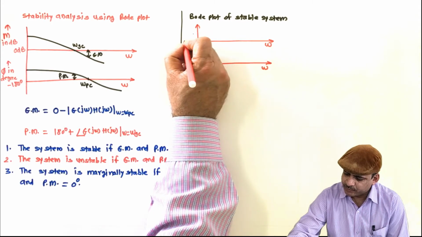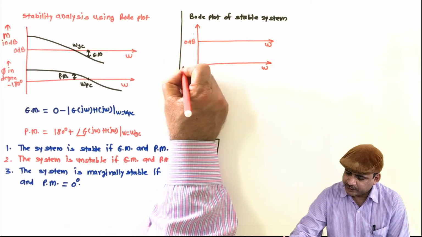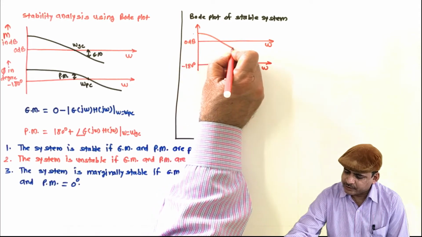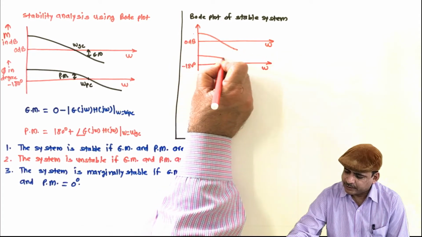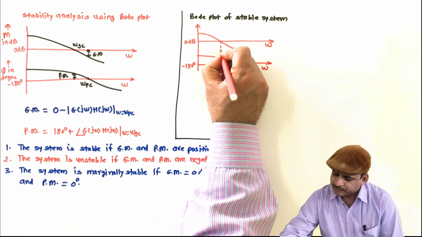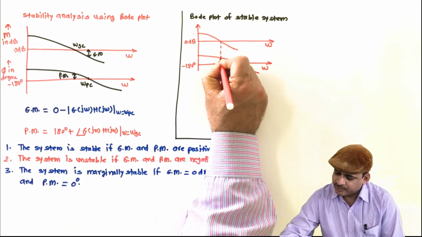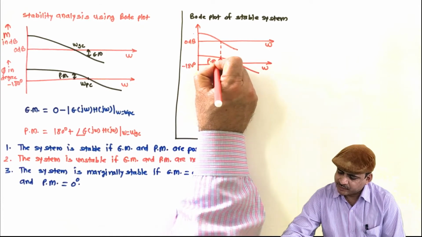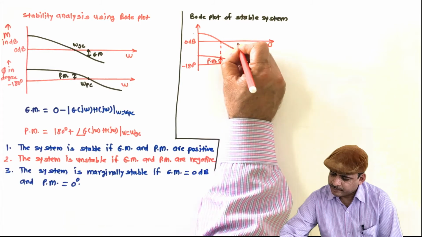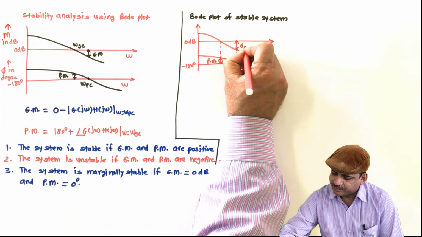So if this one is the magnitude plot and let this be the phase plot, then this is the phase margin and gain margin.